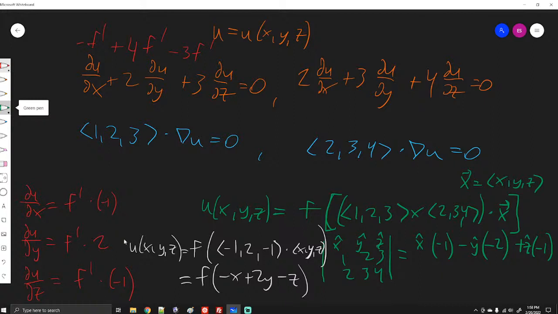Now I'm going to plug in these formulas into the second PDE. So this is going to be negative 2f prime for the first term, and now plus 6f prime, because 3 times 2, and then minus 4f prime. So yeah, this does add up to 0, so this is the correct solution.